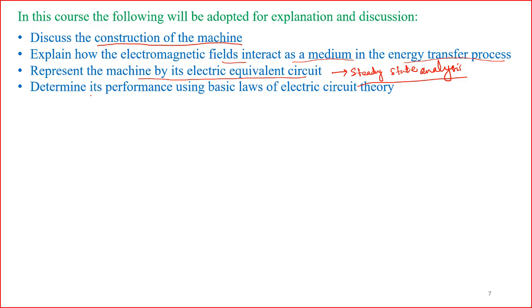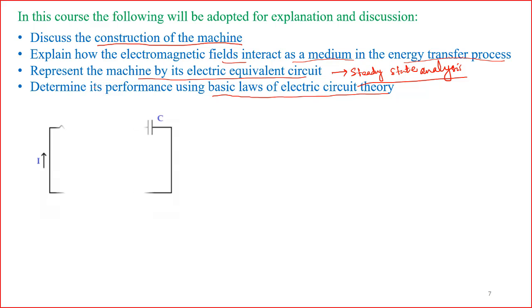Then we'll talk about the performance using the basic laws of electric circuit theory, like Ohm's law, Thevenin's theorem, right? Kirchhoff's voltage law, current law. By using those simple basic laws, we'll determine the performance of the machines and evaluate it. Okay.